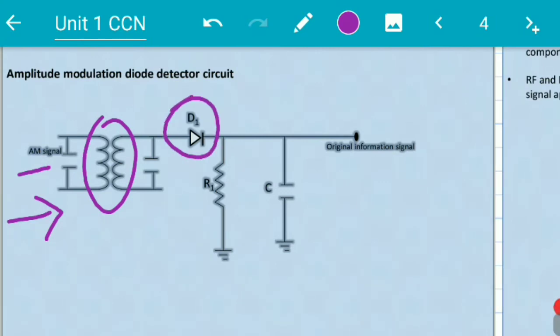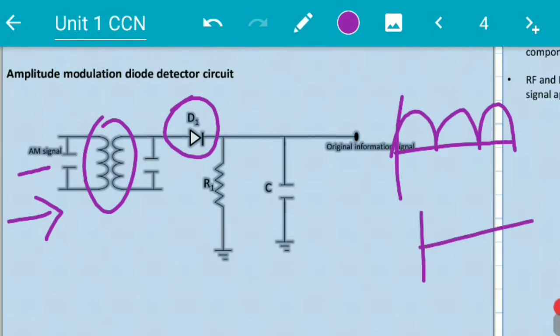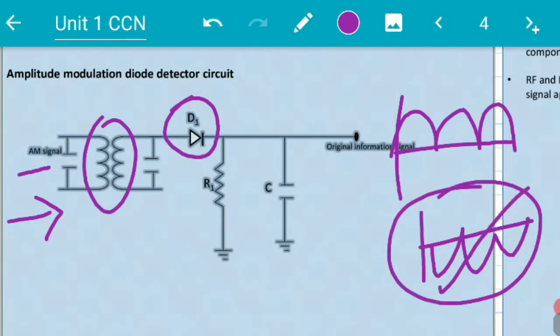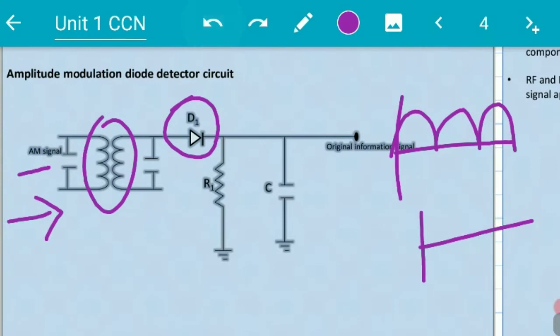As we already know, the diode conducts only during the positive half cycle, because the diode conducts only during the forward bias condition. During negative bias, the diode does not conduct, and that is why the diode will not produce any negative half cycles.